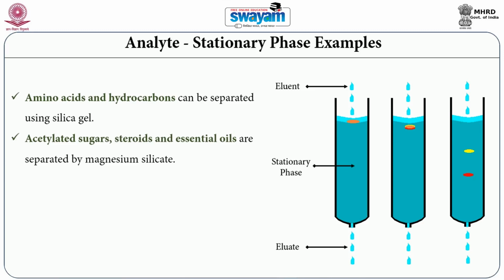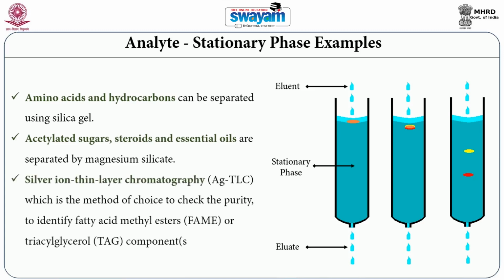And then a specialized type of TLC in which silver ion is impregnated into the stationary phase is often used to check the purity and to identify fatty acid methyl esters or triacylglycerol components. Now, this is a really short list of examples of some stationary phases that are used for different compounds. A very wide range of stationary phases is available, and a wide range of chemical organic compounds are separated.